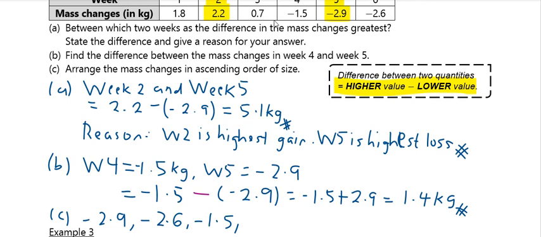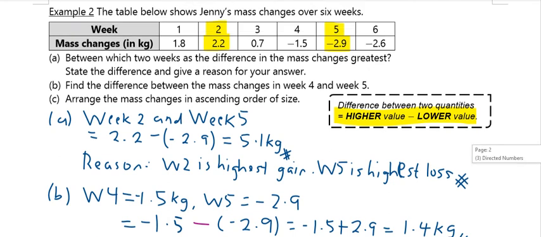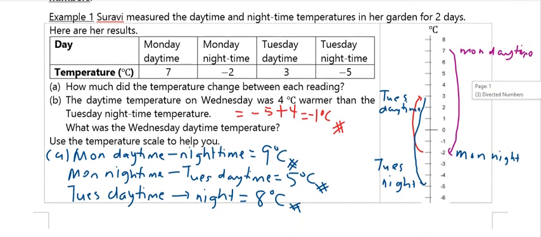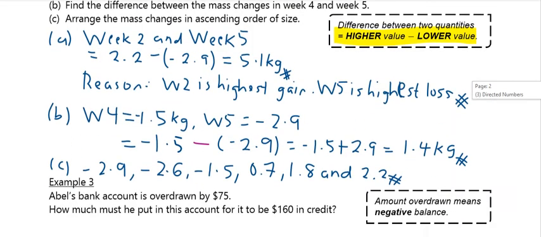The positive arrangement will be starting from 0.7, and then 1.8, and the last one will be 2.2, which is the greatest one. Okay, so that's on the arrangement. Just provided that you know the difference between negative and positive numbers. You can refer from here also. You can see below 0 will be low.